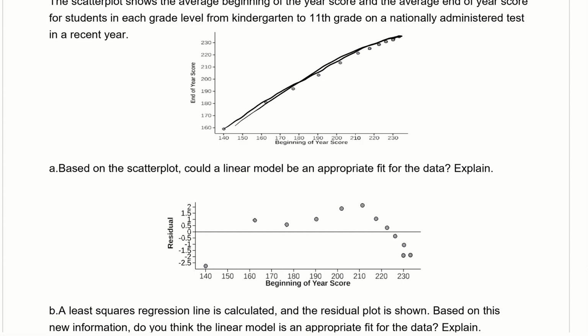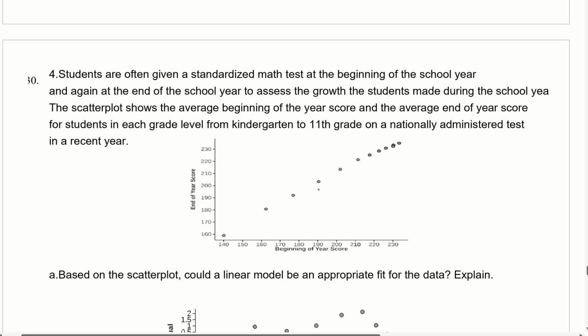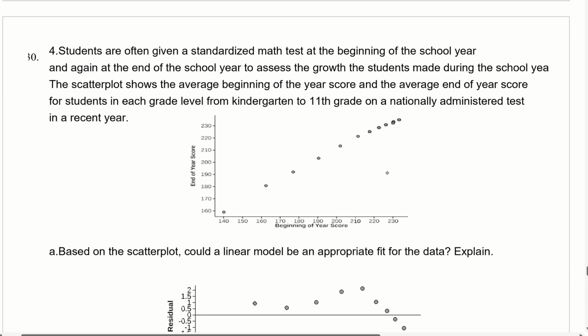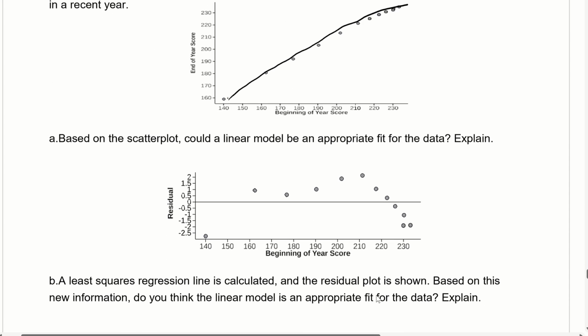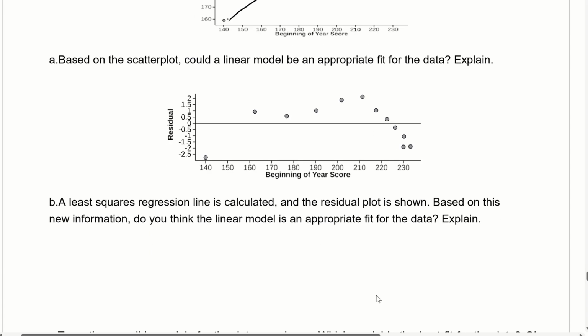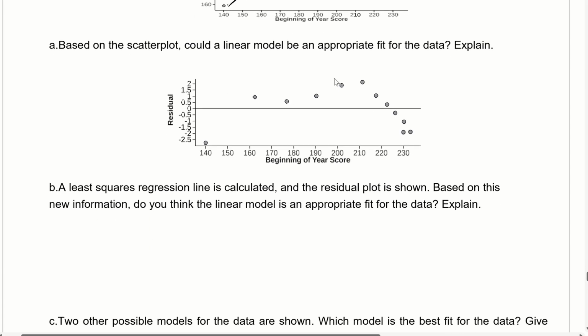It looks like it could potentially, but there's a little bit of a curve to the data. So it's hard to tell from that alone. But if you look at the residual plot here, there's definitely a curved pattern, and so you would say no based off of that.